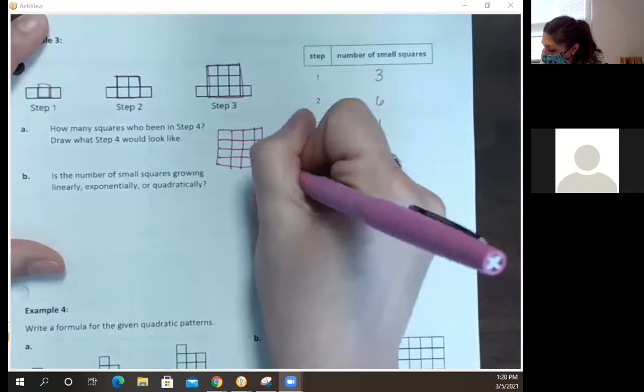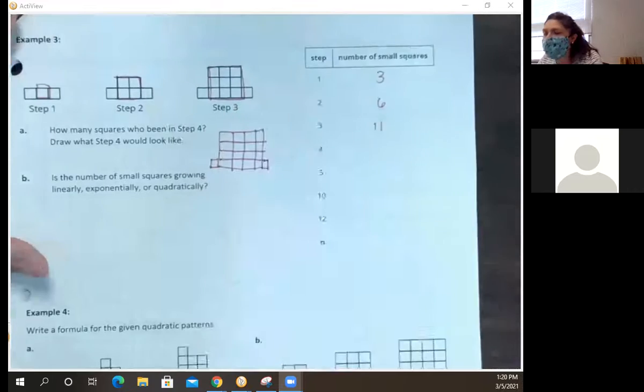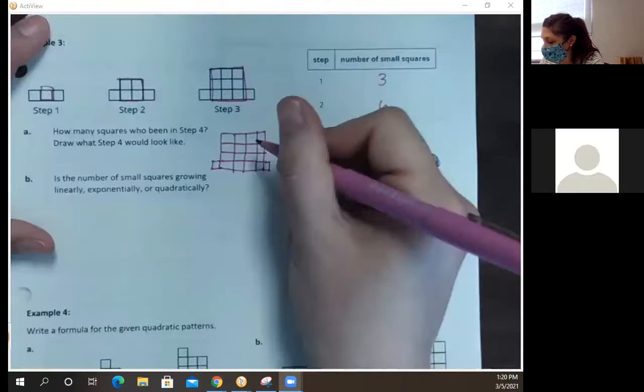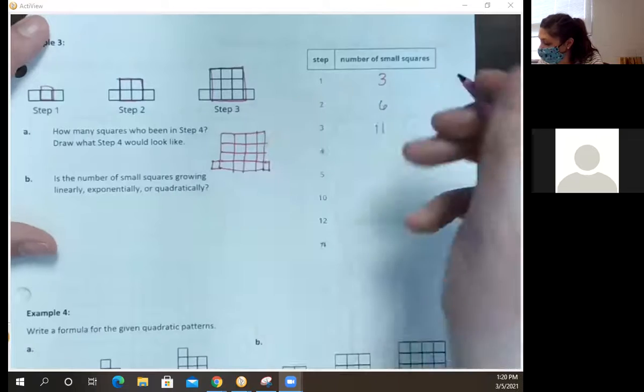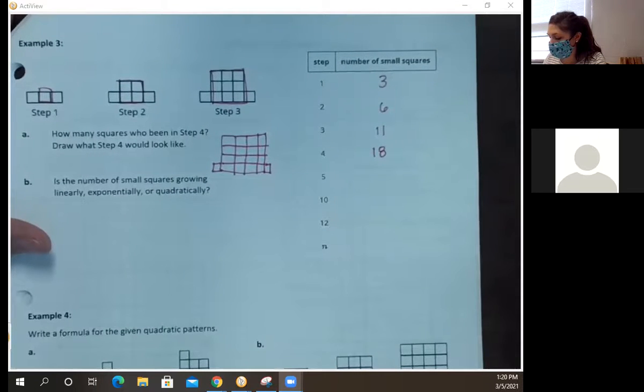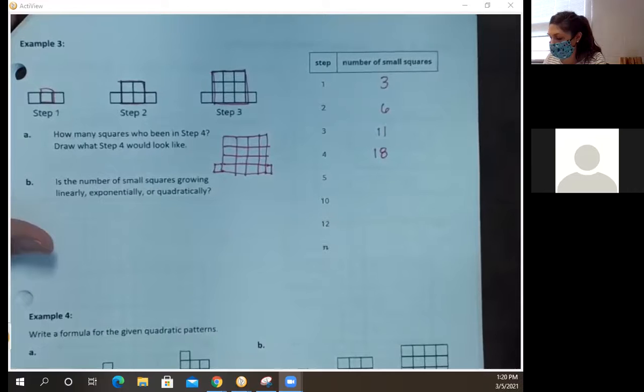And then I've got 1 on each end at the bottom. That would give me, this would be 16, 17, 18 blocks. So I want to know, how many blocks would I have for step 5?